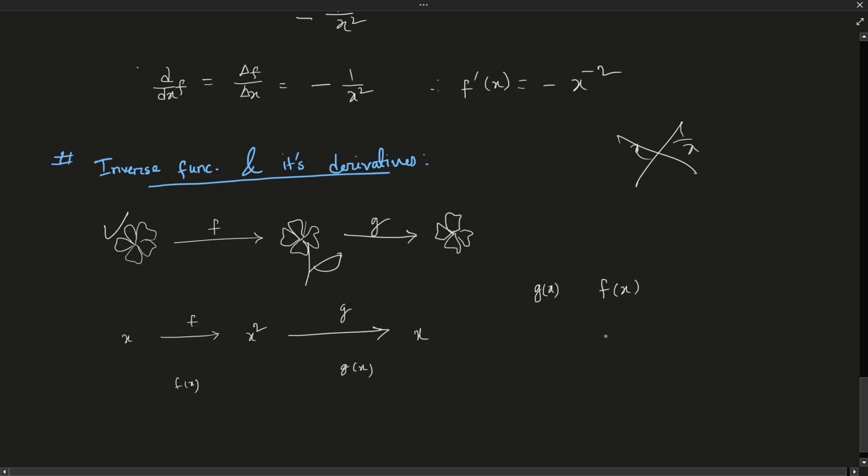This is a notation: g of x is equal to f inverse of x, or we can also write this as g of f of x is equal to x.